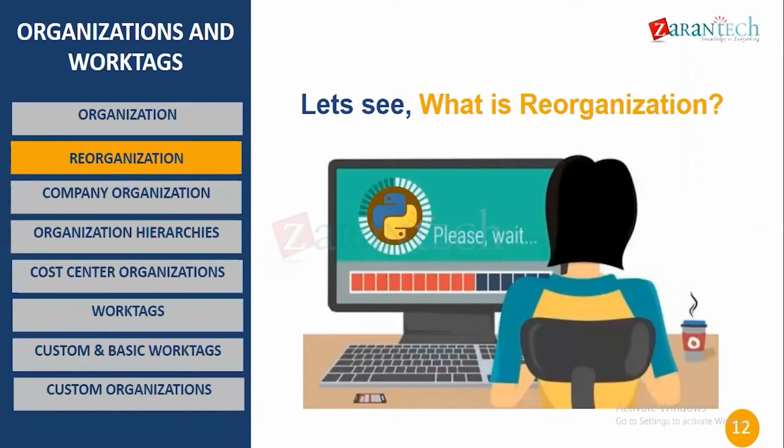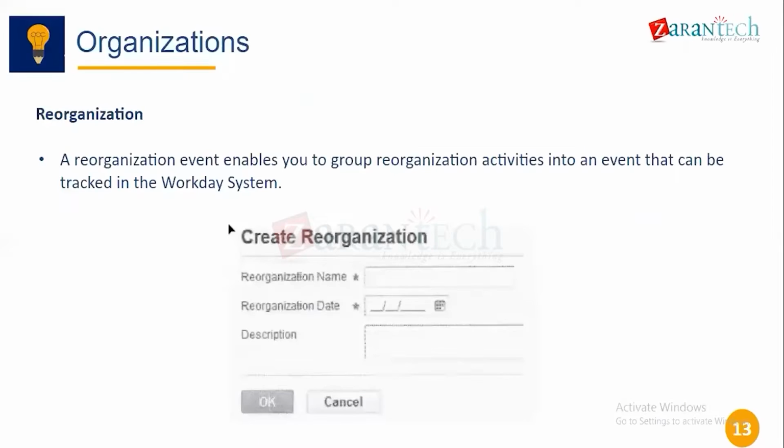Then we discussed what reorganizations are. In the simplest way, a reorganization event enables you to group the reorganization activity into an event that can be tracked in the Workday system. We created one reorganization with the name City Reorganization. Whenever we created a supervisory organization or a company, the system asked in which reorganization we want to create it.